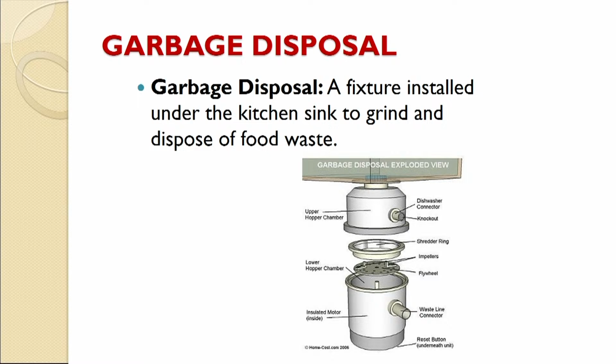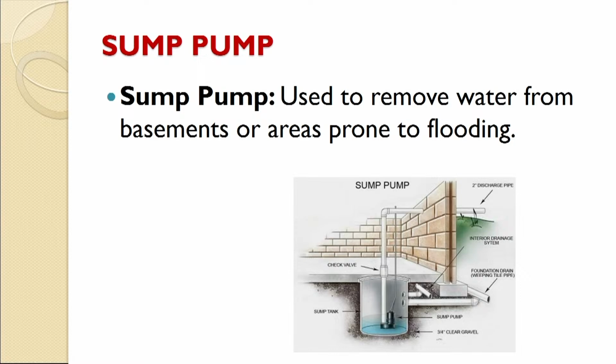It will grind and dispose of any food waste. Because whenever we wash our utensils, sometimes food goes into the drainage system and will clog your pipe. So the purpose of the garbage disposal fixture is to grind and dispose of the food waste.